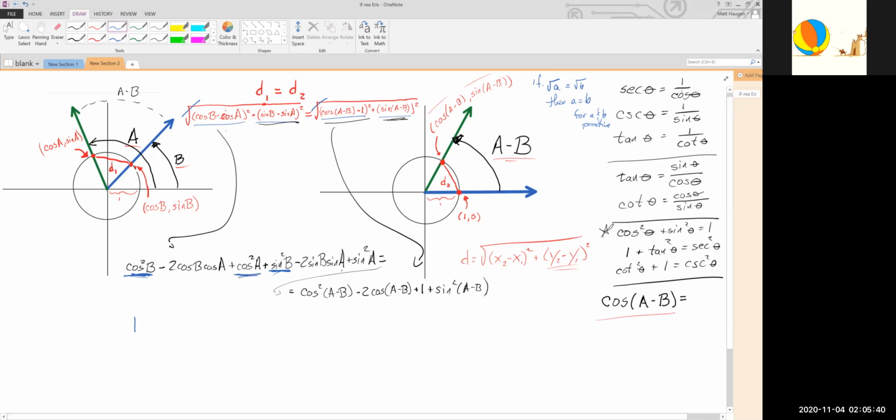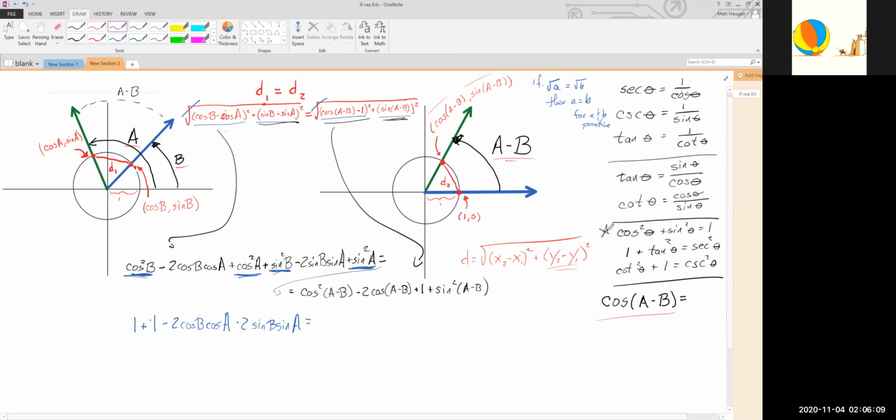This cosine squared a and that sine squared a, those together make a 1. We're still left with minus 2 cosine b cosine a minus 2 sine b sine a. But that certainly got, I'm going to say, better.